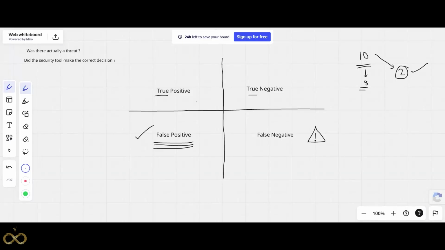So, in simple words, false negative means a real threat exists and your security tool completely misses it. No alert is generated. It means the attack is happening and your security tool never notices it. This is the real threat. Let's relate it to our security guard example.